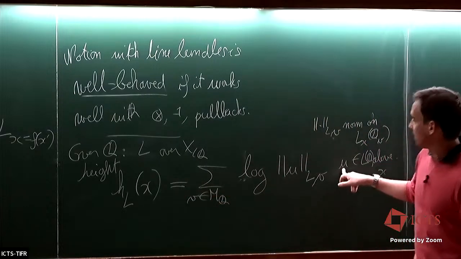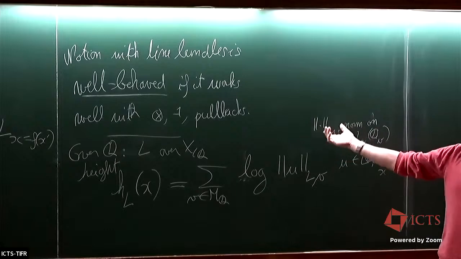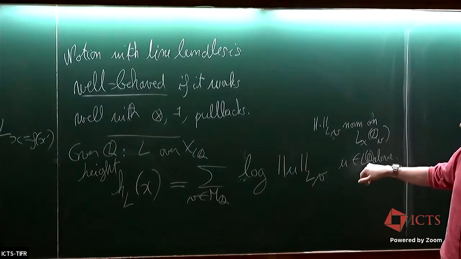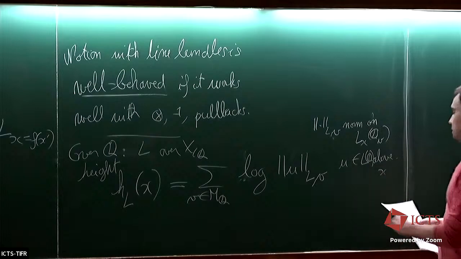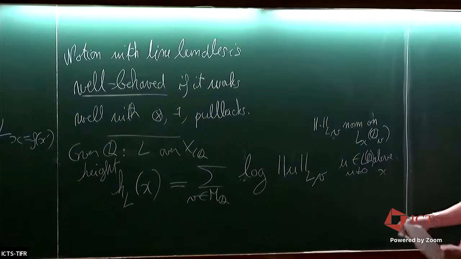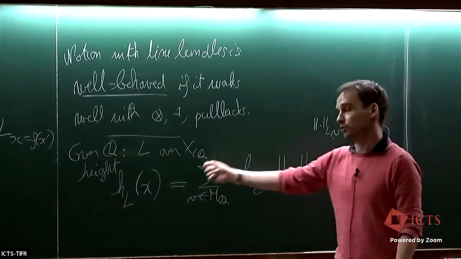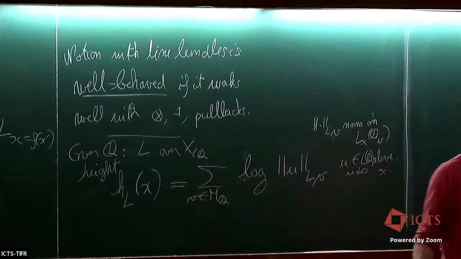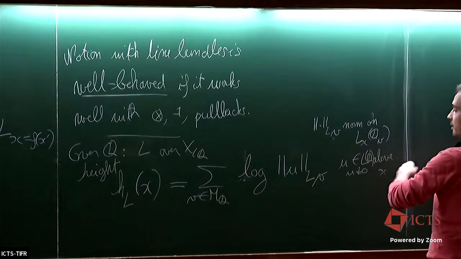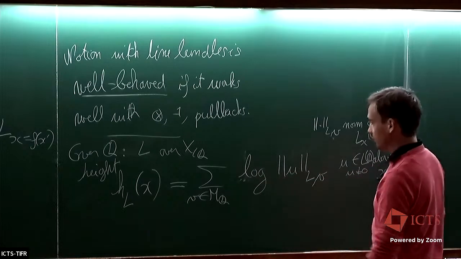Well, because these norms are so that when you multiply by a scalar, it does what you imagine. So when you change L of Q here above X non-zero, it amounts to multiplying by a rational number. And because of the product formula, it will not change the total value here. Okay? So it means when you put a norm on each of those, on each X, in a nice way, and then you do this, it's well defined first.